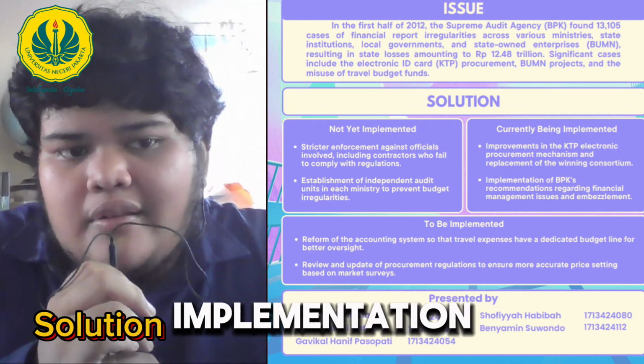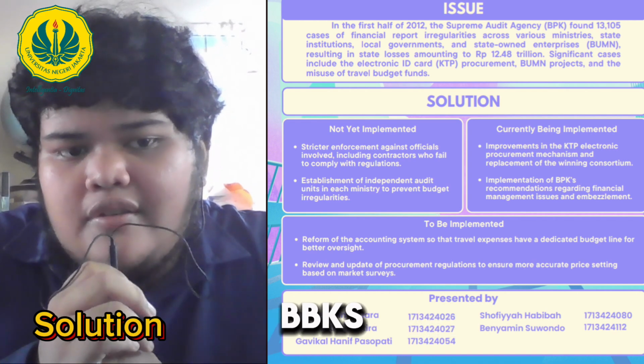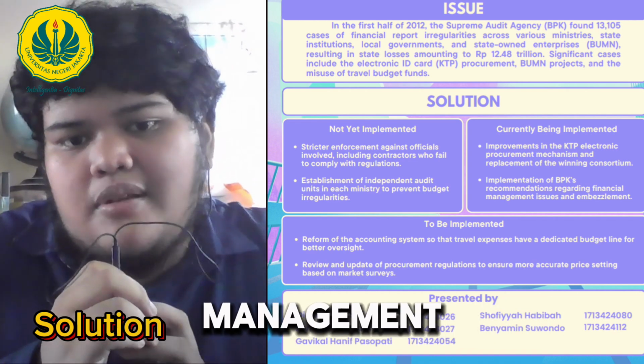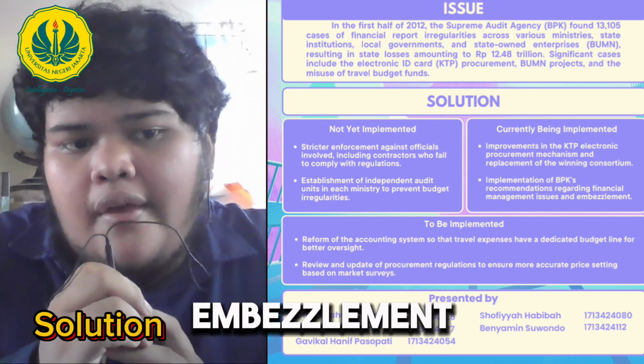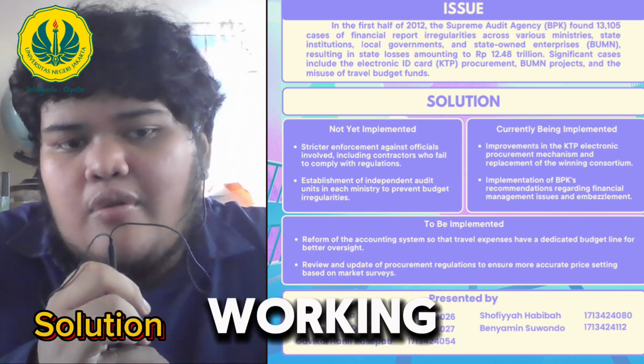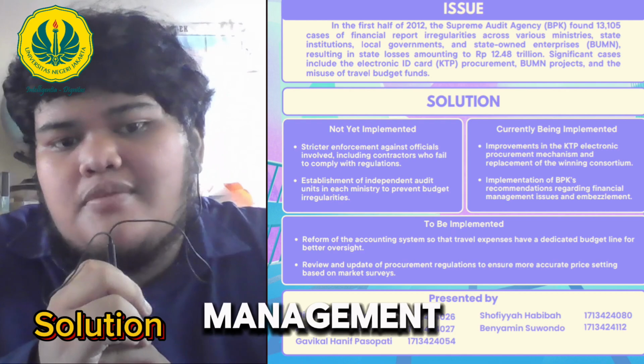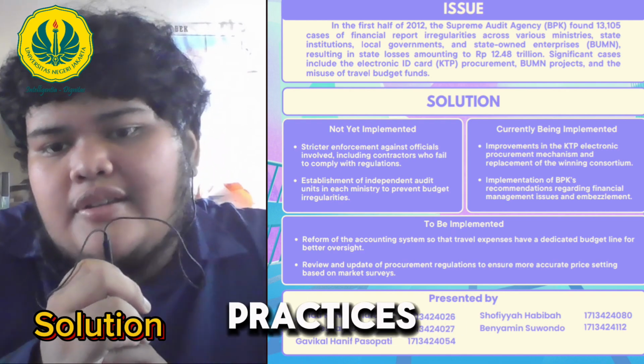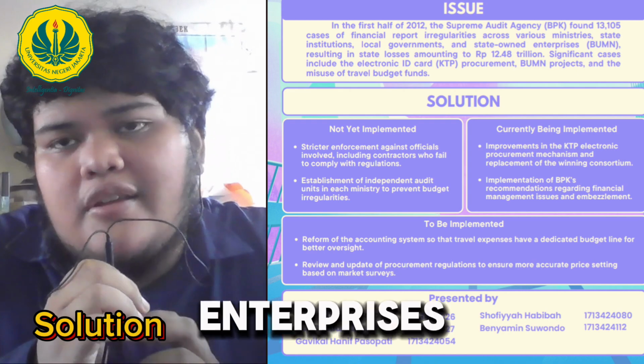Second is implementation of the BPK's recommendations regarding financial management issues and embezzlement. Ministries are working on enhancing financial management, strengthening internal controls, and addressing non-compliant practices in state-owned enterprises.